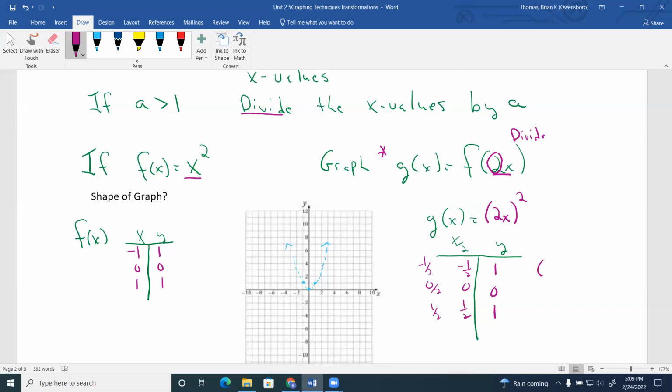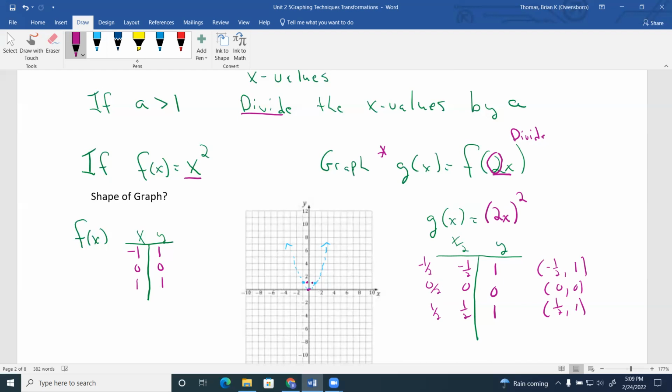So my new ordered pairs are this -1/2, 1, 0, 0, and we have this 1/2, 1 again. So -1/2, 1 would be here. 0, 0 stays there. And we would have 1/2, 1.